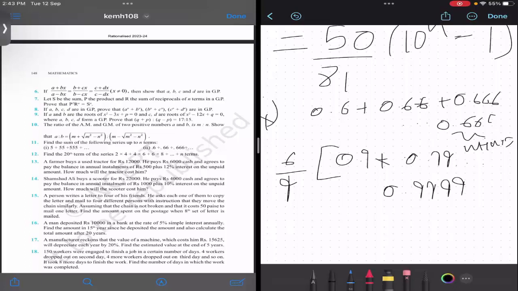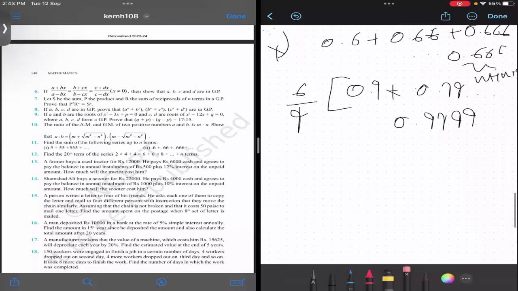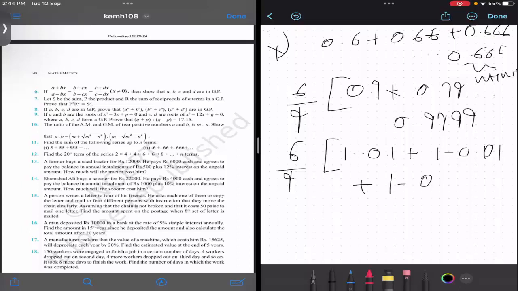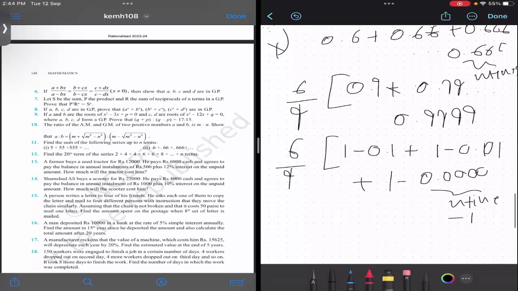So this could again be expressed as 6 upon 9 outside, and this could be written as 1 minus 0.1, 0.99 could be written as 1 minus 0.01, and this would finally be written as plus 1 minus 0.000 n times as 1, right?